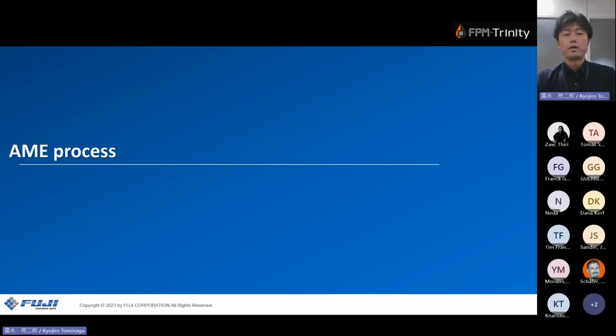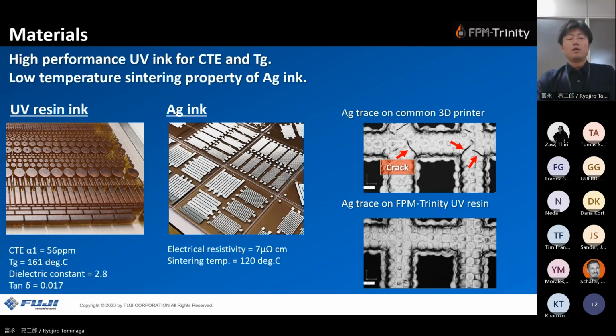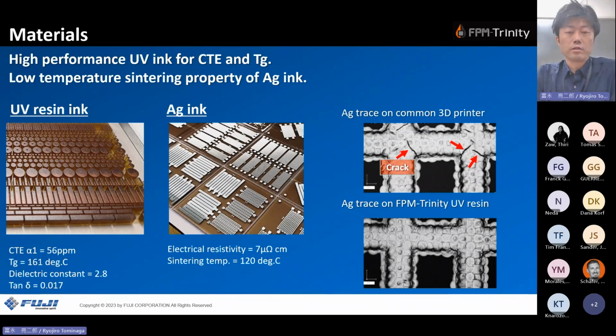Okay, let me explain a little bit about our AME process. For our AME process, we have joint work with a chemical supplier to develop a good UV resin ink and a good silver ink. Our resin ink has a very low CTE and high Tg, and our silver ink can be sintered at 120 degrees C, a very low temperature.